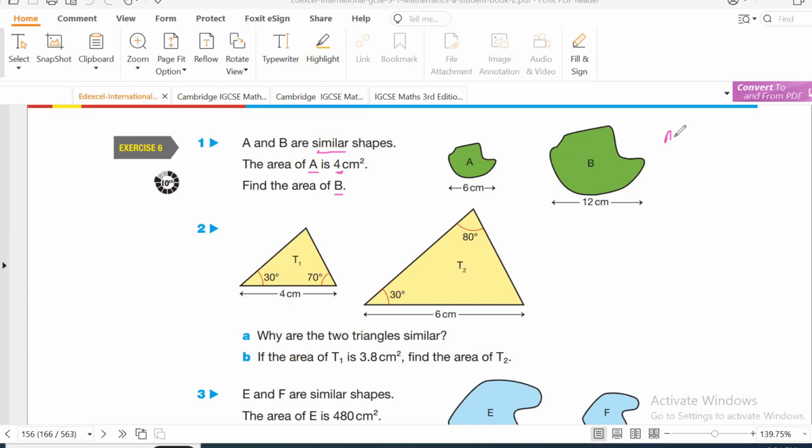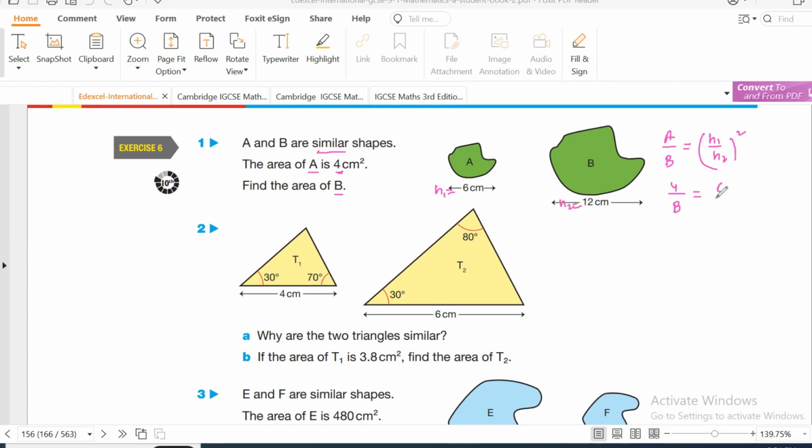So one formula will work for us. Area of A over area of B is equal to the length of A over the length of B, whole squared. In general, we can say H1 over H2 whole squared. So look, area of A is given, which is 4, and area of B we don't know. H1 is representing the length of A, this one H1, this one H2.